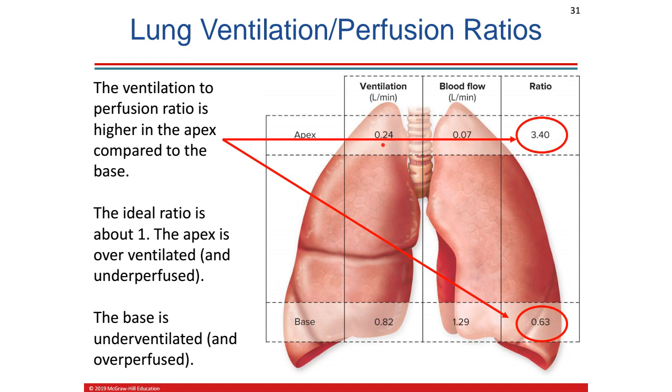If you take 0.24 and divide it by 0.07, you get 3.40. So that's the ratio of ventilation to blood flow. This means that there's a lot of ventilation and not that much blood flow. The ideal ratio would be about 1, which would mean that for 1 liter of air per minute, we should have 1 liter of blood flow per minute.